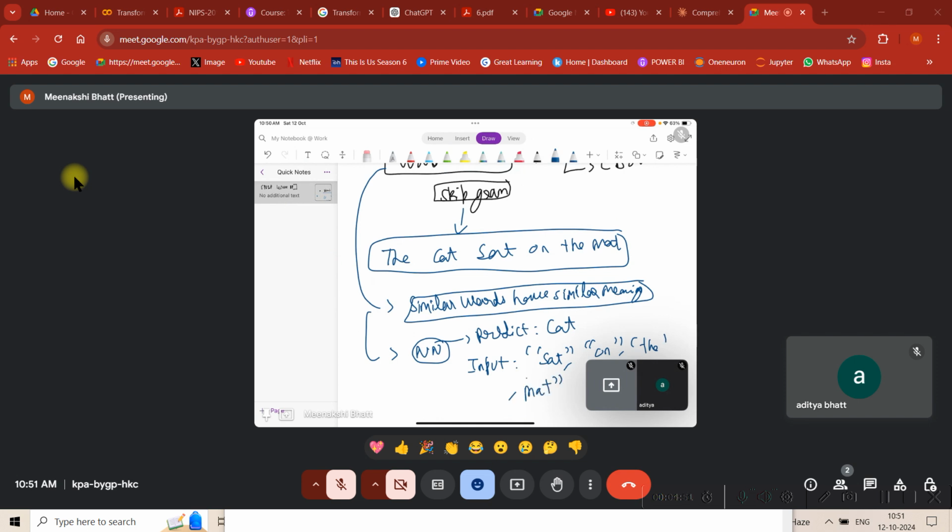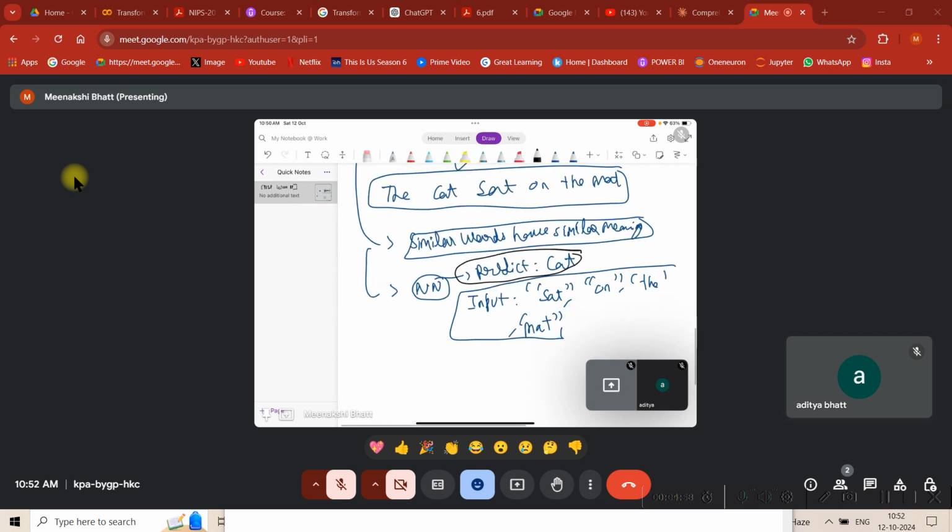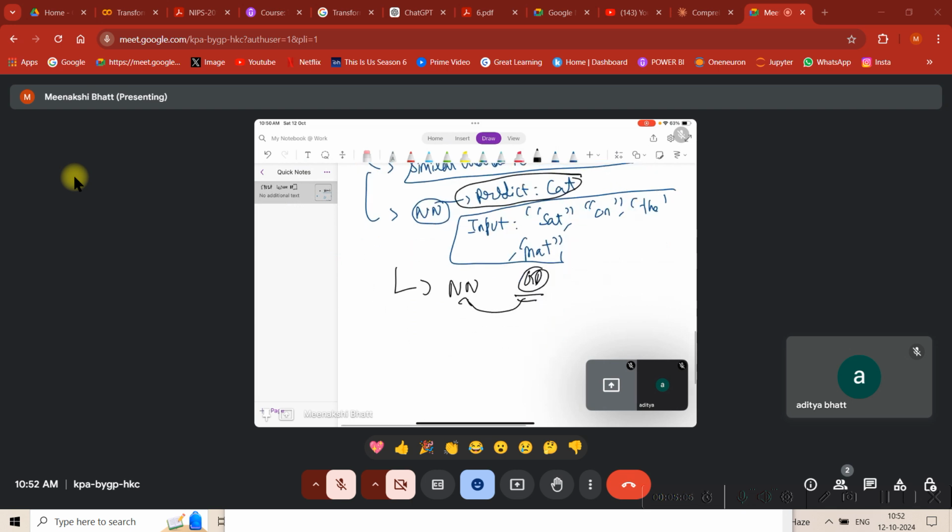So based on this input, it would predict cat. Now we have seen gradient descent and everything, and that all happens inside a neural network as well. I know I haven't discussed neural networks, but that's okay for the time being. The main thing is that we need to train a neural network such that it is able to predict cat using this input.